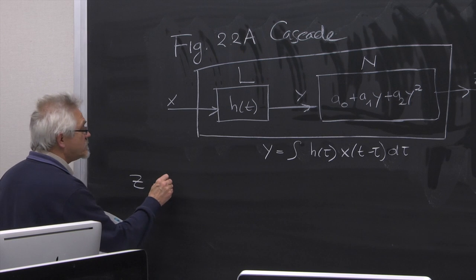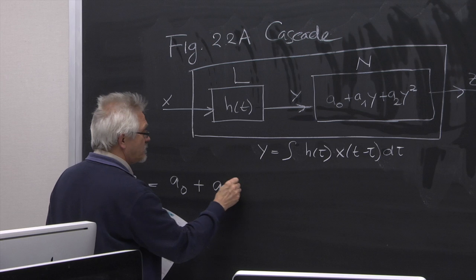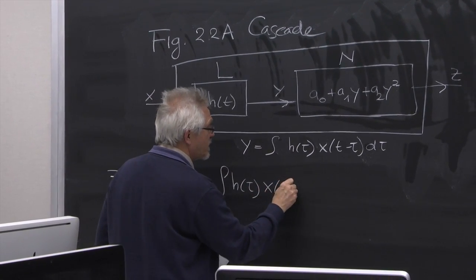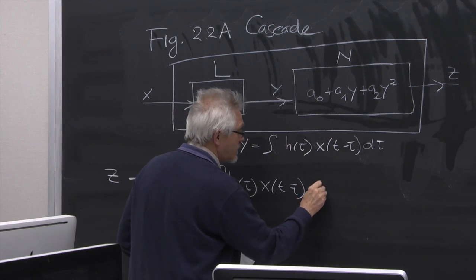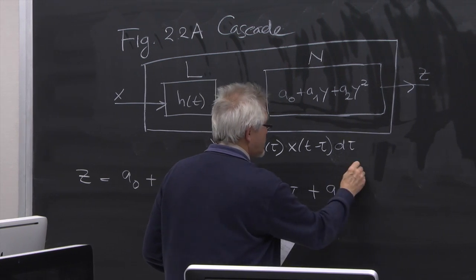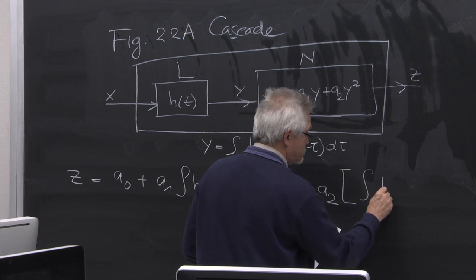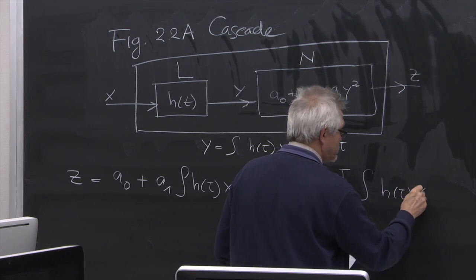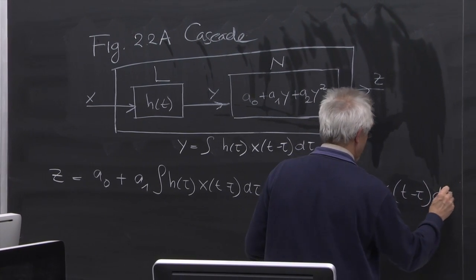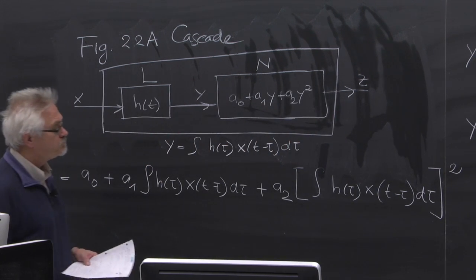The overall output z is a0 plus a1 times y, which is the integral of h(tau) x(t minus tau) d tau, plus a2 times that expression squared, isn't it? There you go.